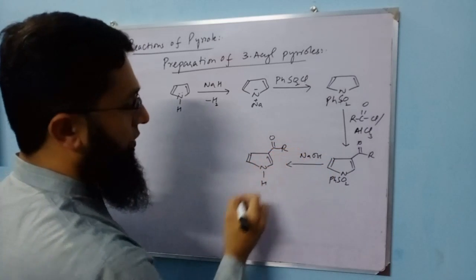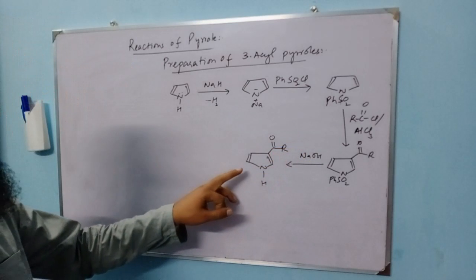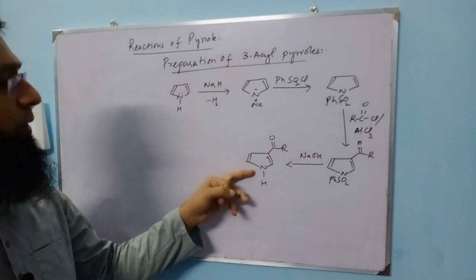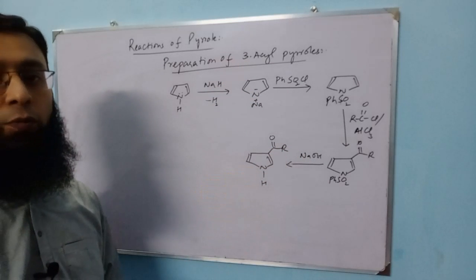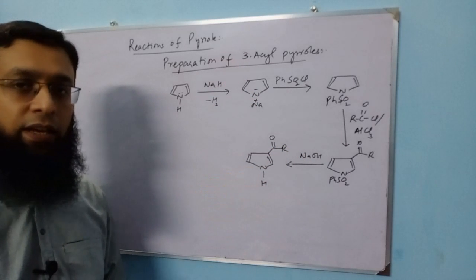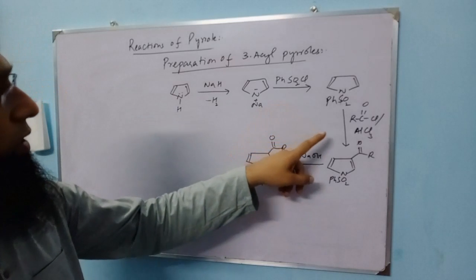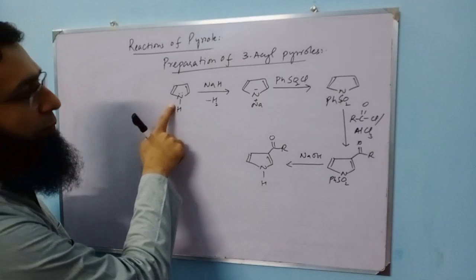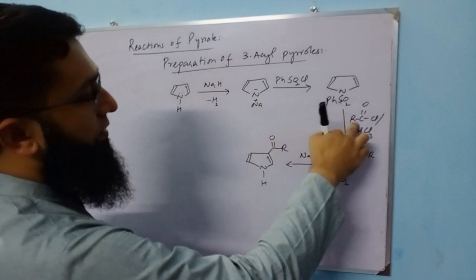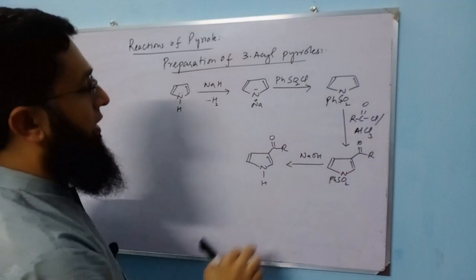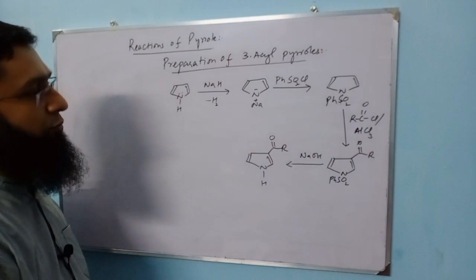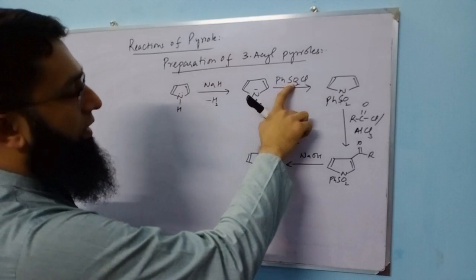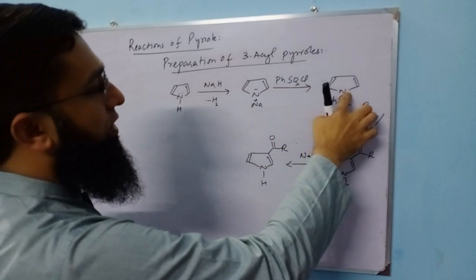3-acyl pyrrole. Now we have previously prepared 2-acyl pyrroles; this is 3-acyl pyrrole. So we can use a protection-deprotection methodology in this case to prepare 3-acyl pyrroles. If we use directly deprotonated pyrrole and react it with this, we get acylation here. Therefore we have to use a protecting reagent like benzene sulfonyl chloride, and the reactivity of nitrogen is masked.